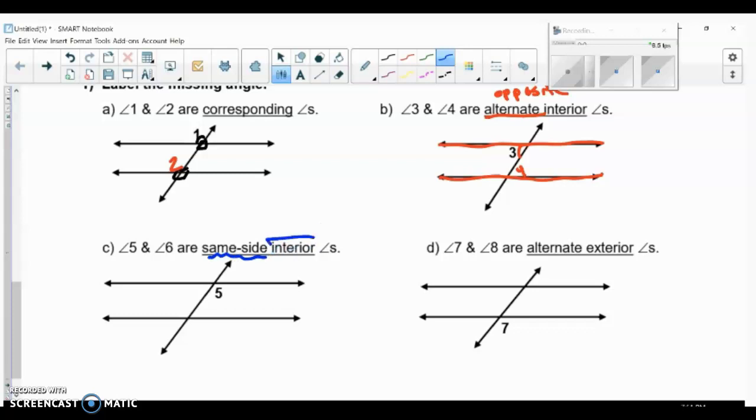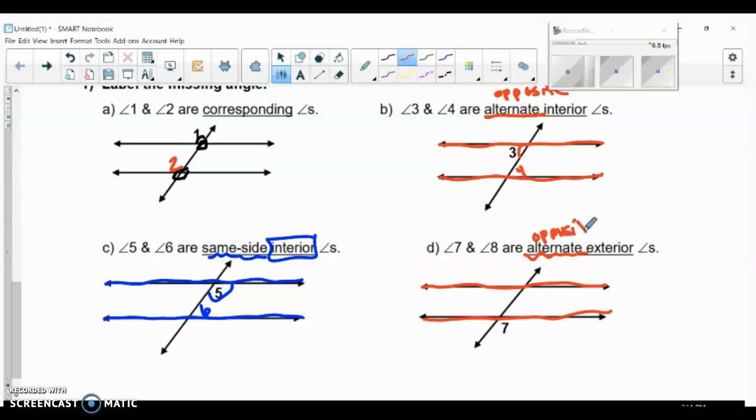If we're doing 5 and 6, those are same side interior angles. So let's find where we would label 6, and it should be right down there. And lastly, we'll look at D. So 7 and 8 are alternate exterior angles.